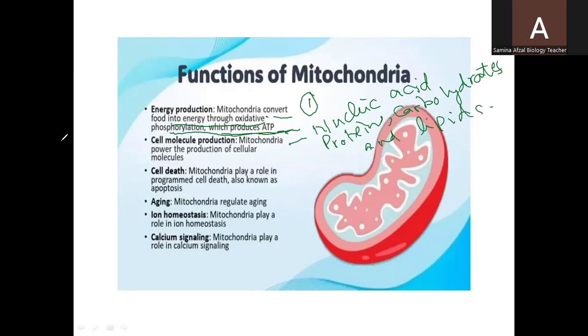Mitochondria perform the formation of these four different types of cell molecules.